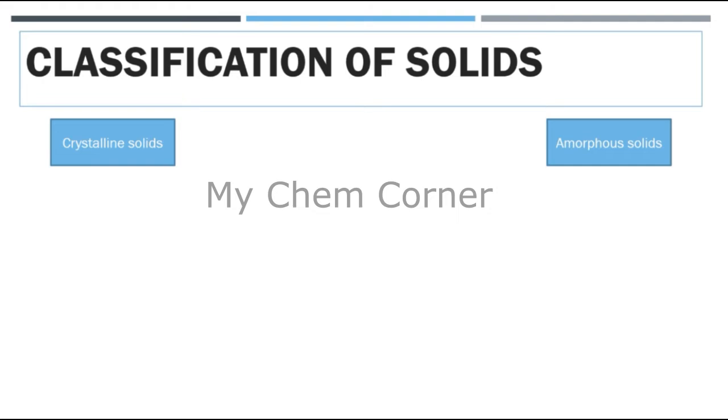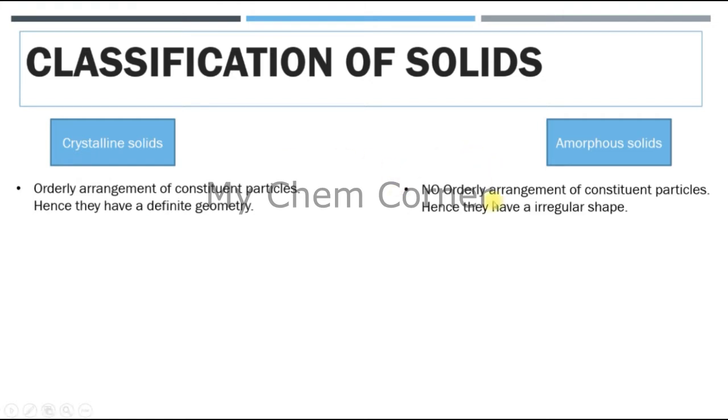So let's look at the characteristic features of each of these types of solids. Crystalline solids have an orderly arrangement of constituent particles, and that is why crystalline solids have a definite geometry. Whereas amorphous solids do not have an orderly arrangement, therefore they don't have a regular shape.